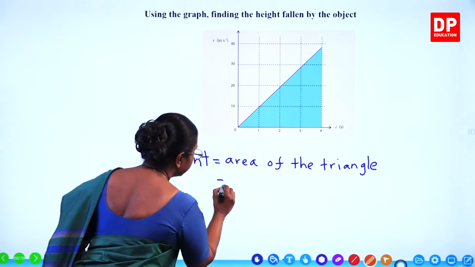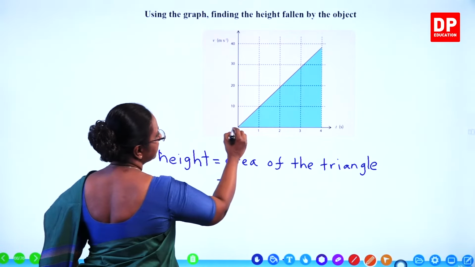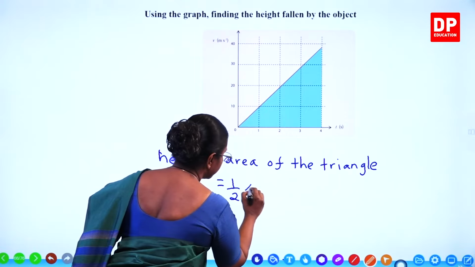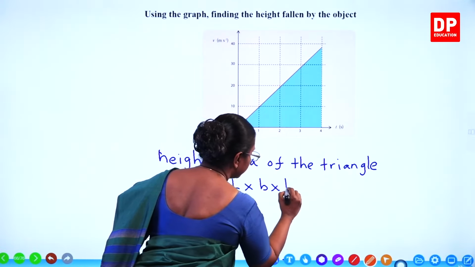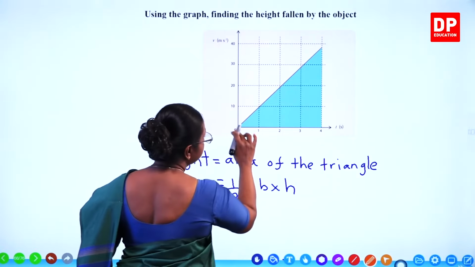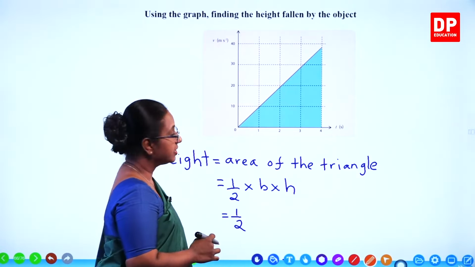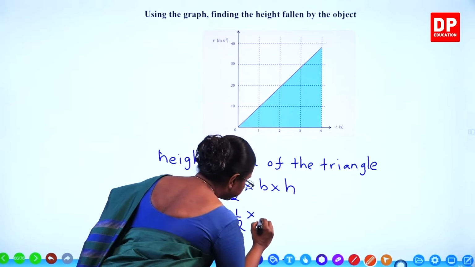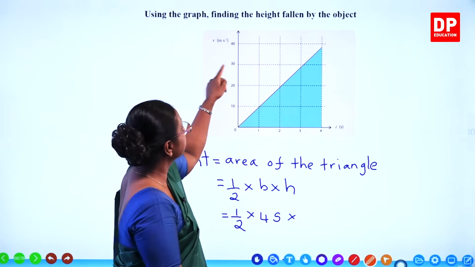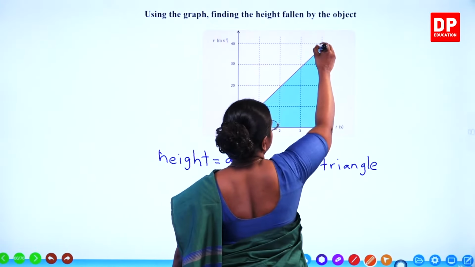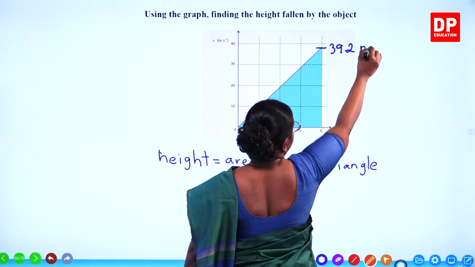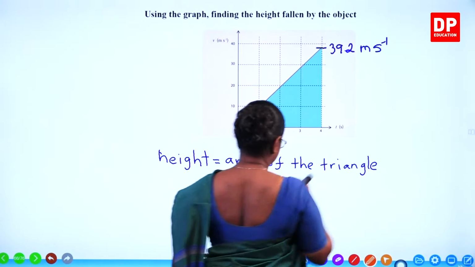So here you can see the triangle is this. Area is half into base into height. So half, the base is the time, that is 4 seconds. The height is the maximum velocity, that is 39.2 meters per second.